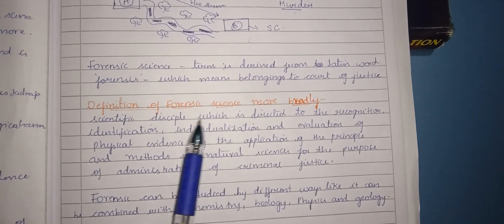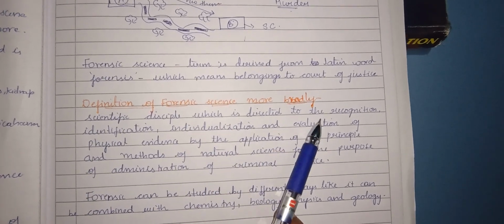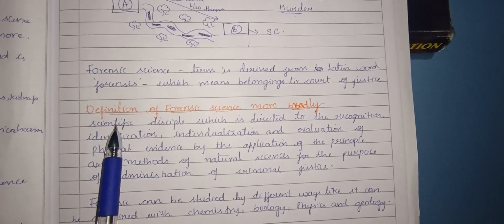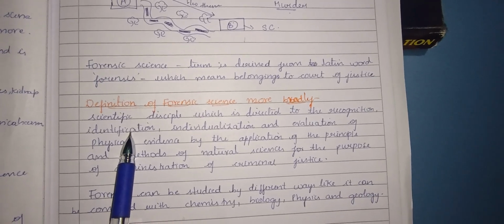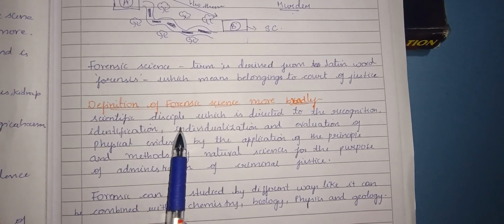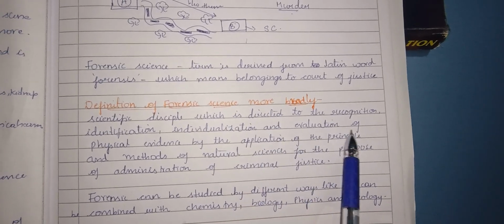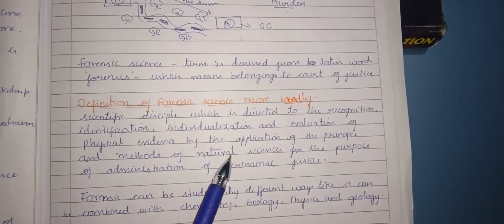Let me explain this briefly. A scientific discipline directed to recognition means we apply scientific methods, and when we get the evidence, of course we recognize it, then we send it for identification. After identification we individualize the evidence, then we evaluate the physical evidence, meaning we analyze it and get a proper answer about it, right?